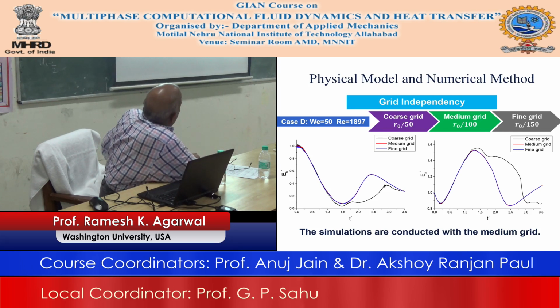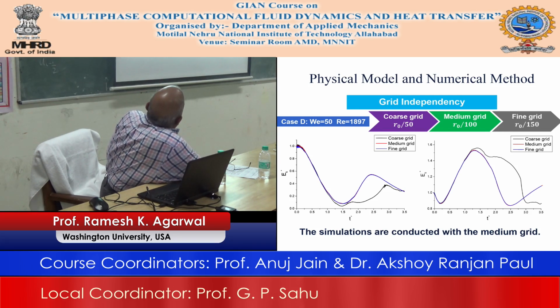Again, you can see in these three examples that this is what is being done. In this particular case, we have a coarse grid, medium grid, and fine grid, and it shows that, for example, this one, the coarse grid solution is really bad as the flow evolves in time.